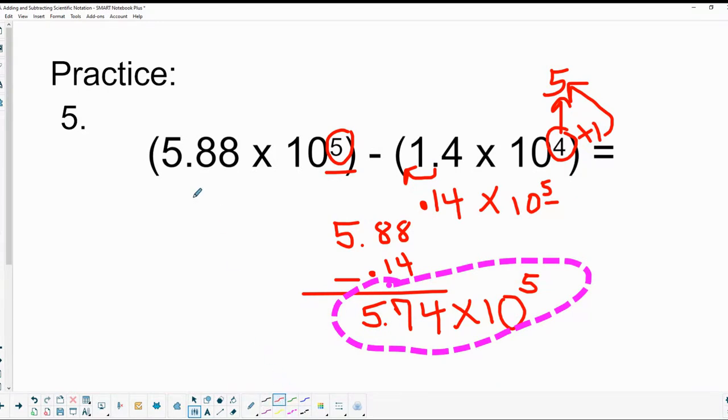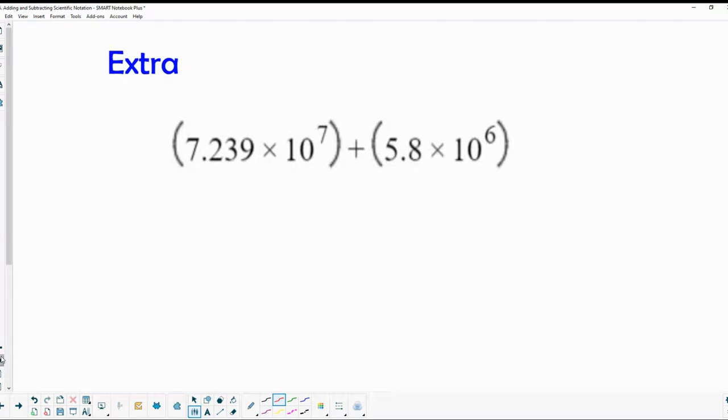Okay, next we've got an extra one that is not on your notes, but you can write it down. This is one that perhaps you haven't seen before, a little bit more involved problem.